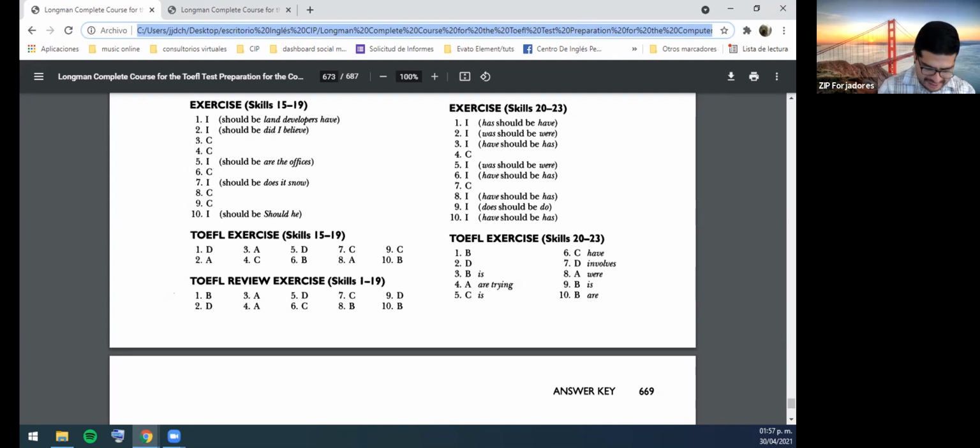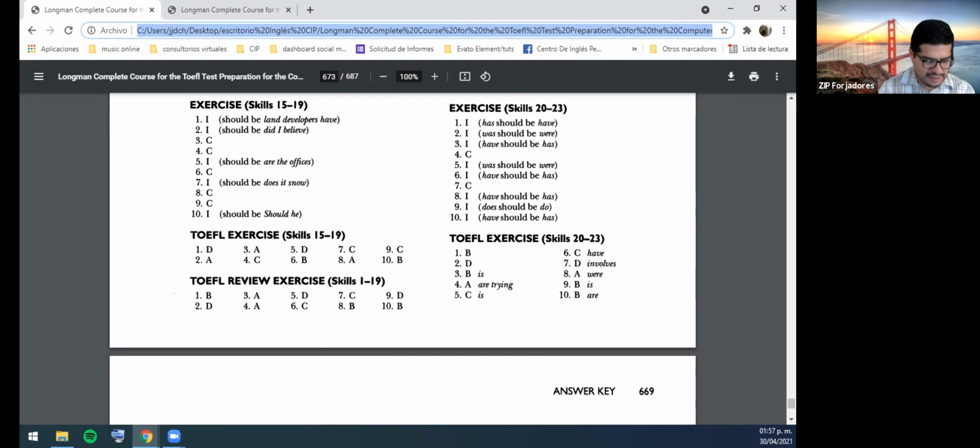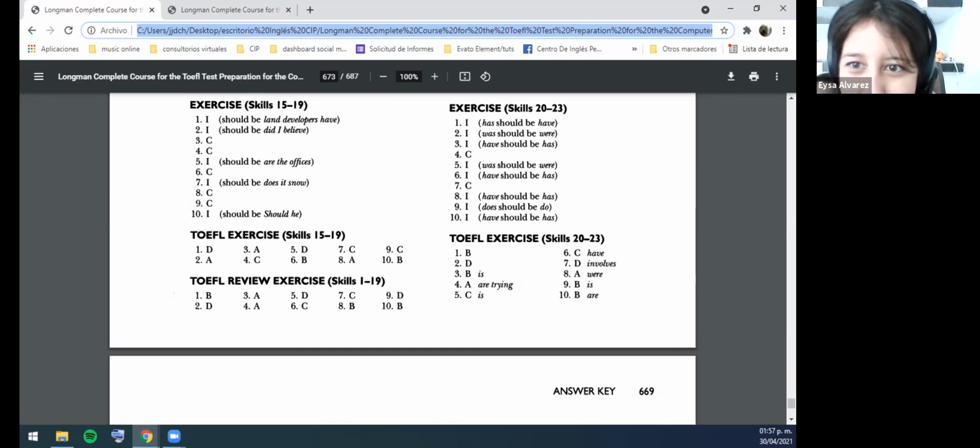The number seven, we have: fishing fleets might not have been so efficient.